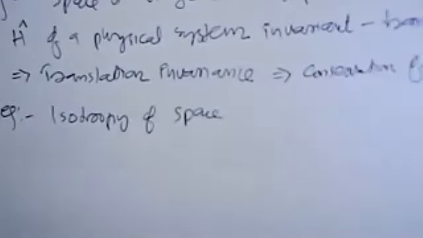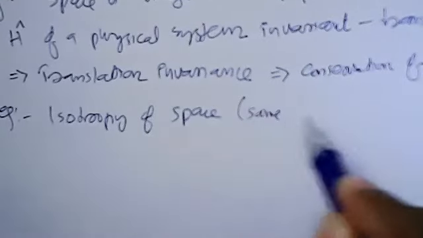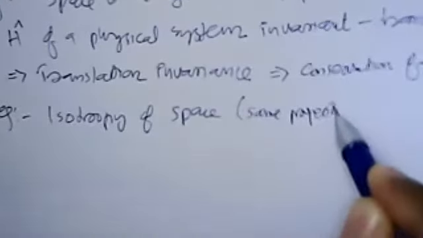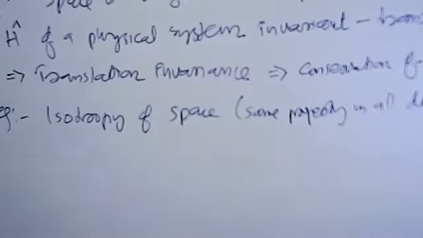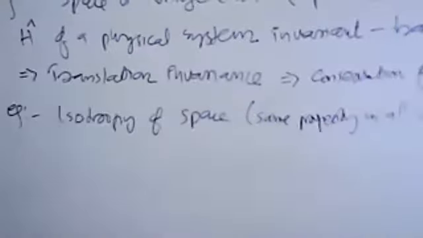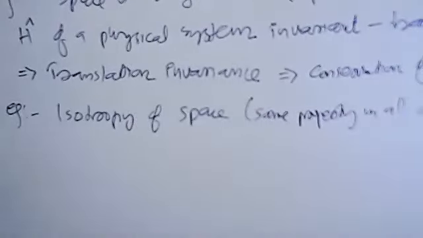In whatever direction you look, space looks the same: same property in all directions. That is known as isotropy.